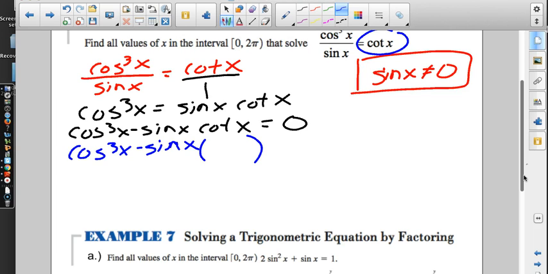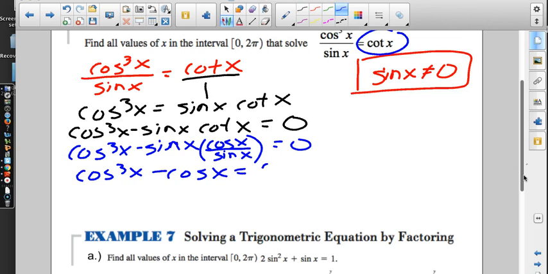What's cotangent? Does that help? Because the sine of x is going to cancel out. Maybe we just talked about changing that to cosine of x.